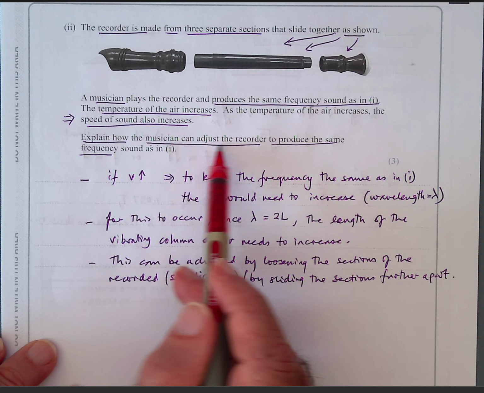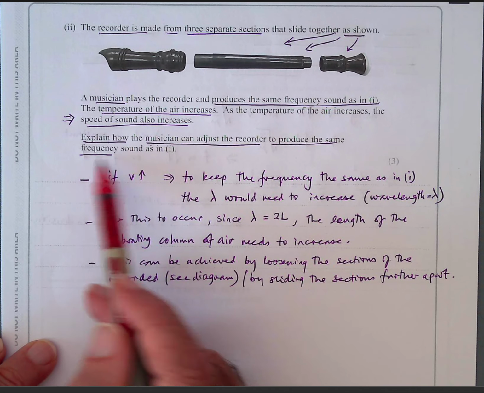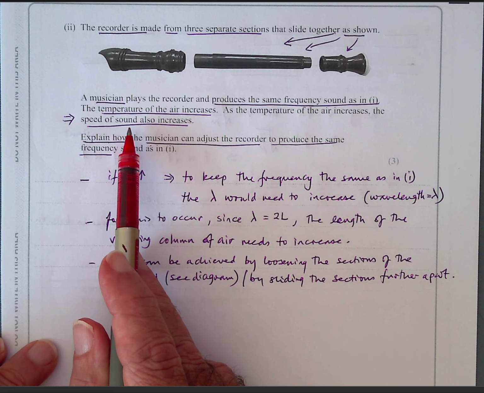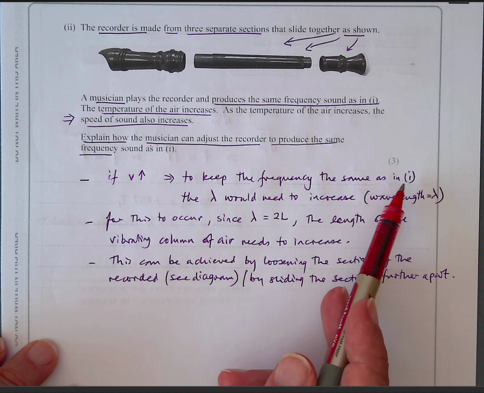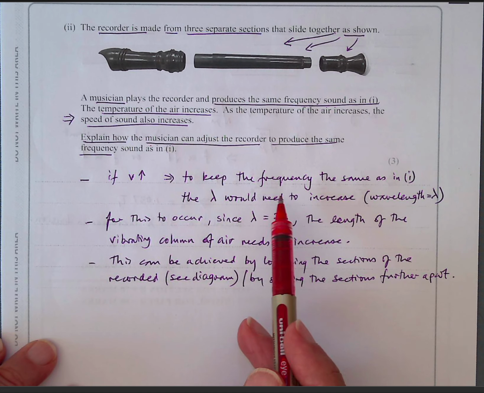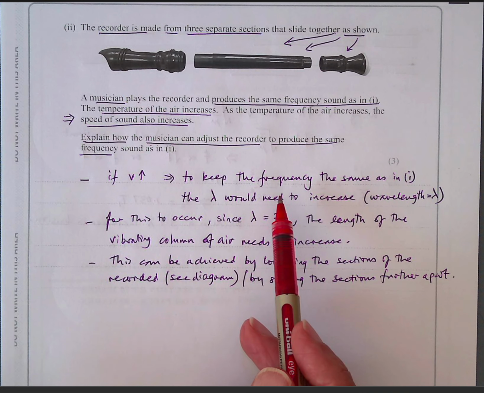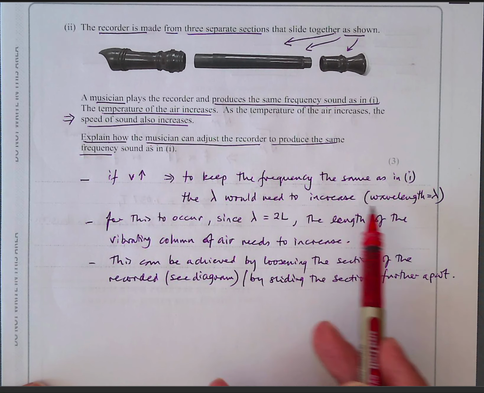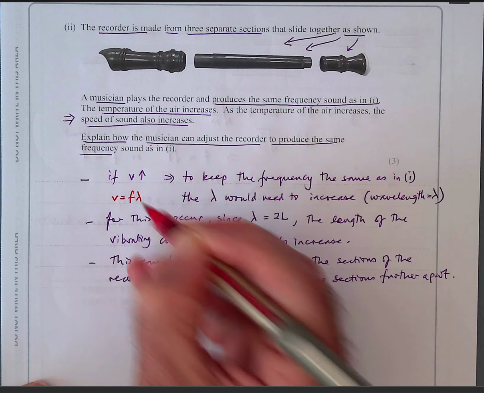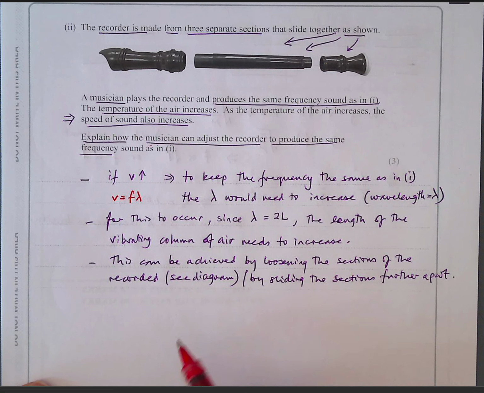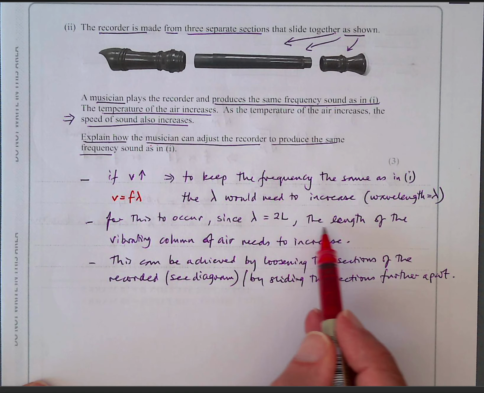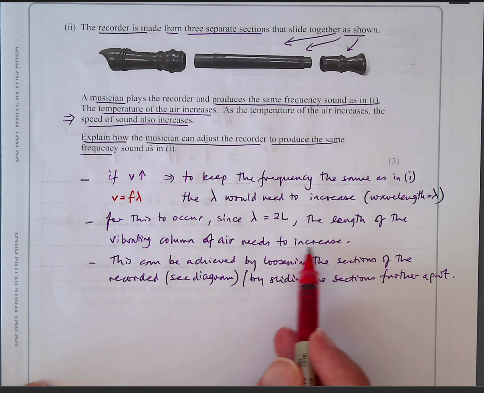Explain how the musician can adjust the recorder to produce the same frequency at a higher temperature. Well, if the velocity has gone up due to the temperature increasing, to keep the frequency the same as in part 1, the wavelength would need to increase to compensate, because v equals f lambda. Since lambda equals 2L, the length of the vibrating column of air needs to increase.